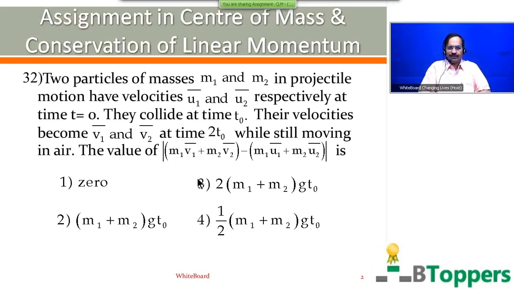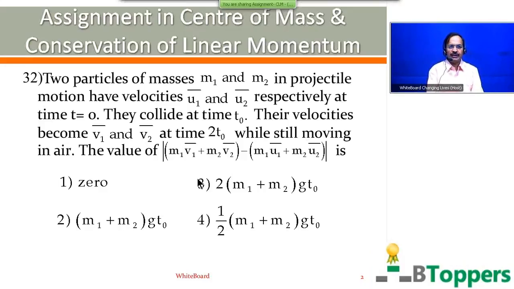This question was given in one of the previous IIT JEE exams in the screening test. So in case you need more time to answer the question, you can take a pause and take your own time.